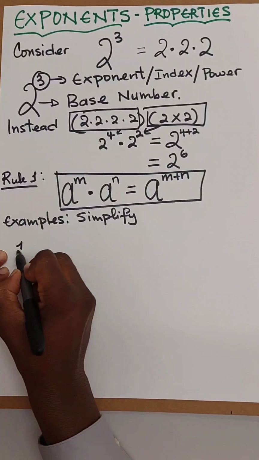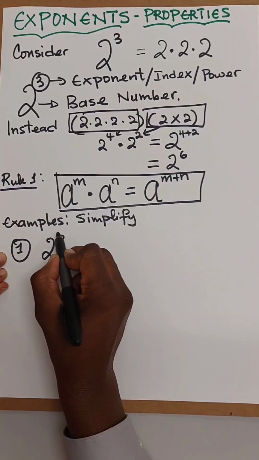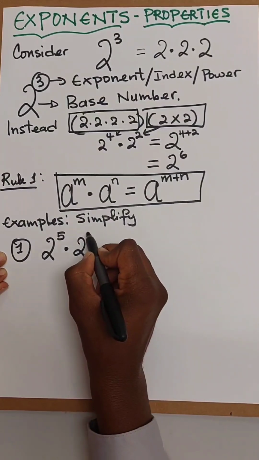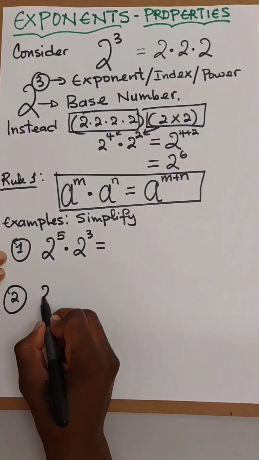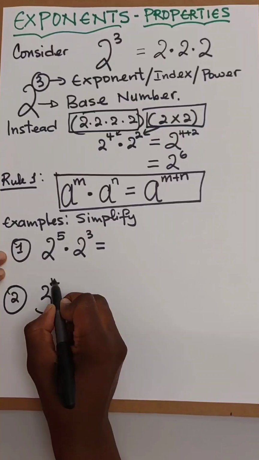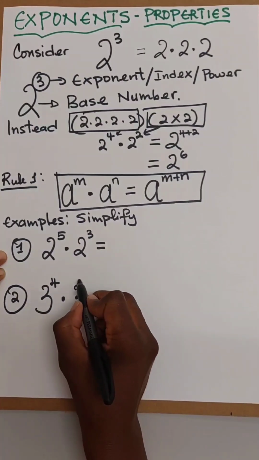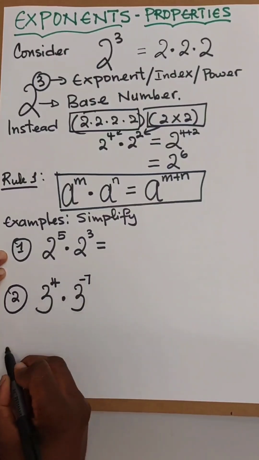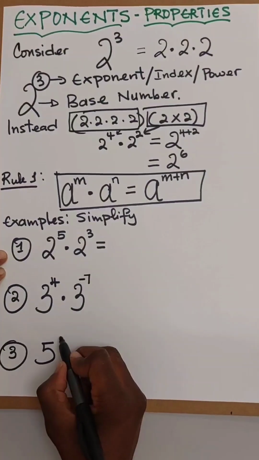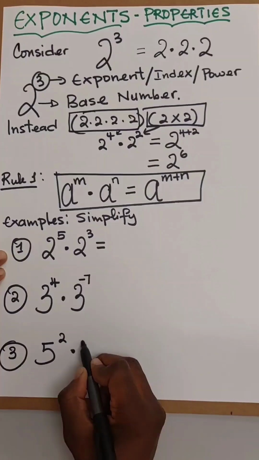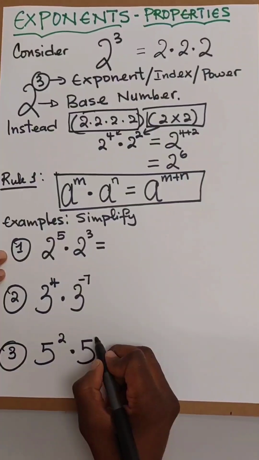So simplify: 1, 2 to the 5th times 2 to the 3rd. 2, 3 to the 4th times 3 to the -7. 3, 5 to the 2nd times 5.